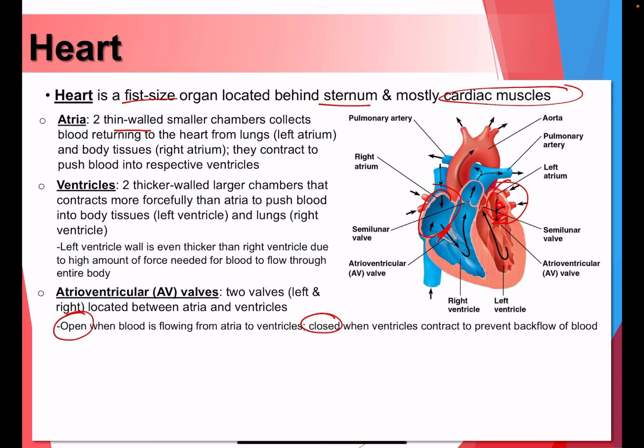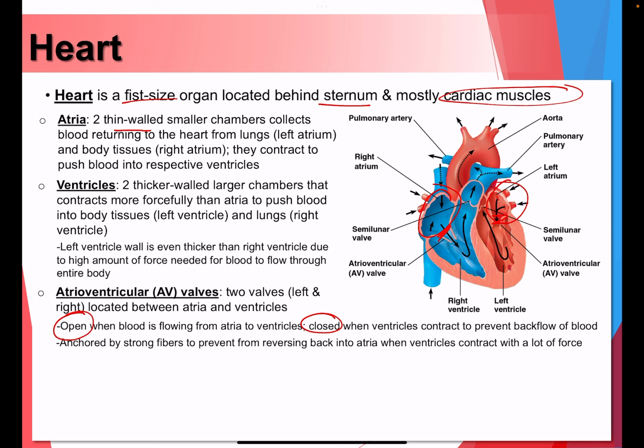You can't have it go back into the left atrium because then it will just go back to the lungs, which is making all that good oxygen for nothing, because we have to deliver that oxygen to the rest of the body. So that's why this AV valve has to shut when ventricles pump, so that the blood can go on to your systemic circuit.